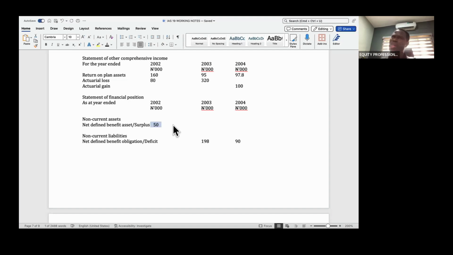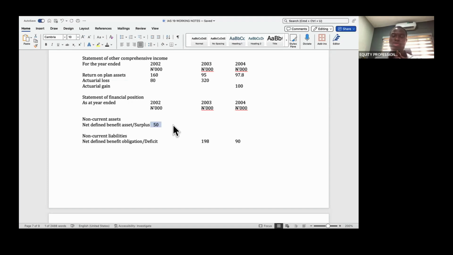So they can tell you that, okay, in the future, instead of contributing so much like you are contributing now, the actuary might say maybe you should reduce it by a certain amount. Those are savings. So if that would happen, then asset ceiling is saying that we need to get that, and that is what we should recognize as assets.